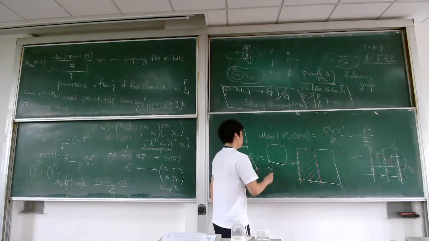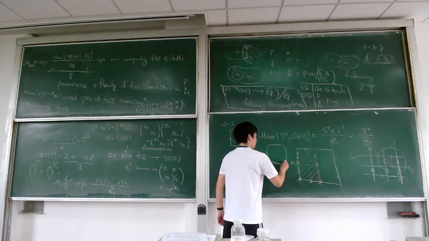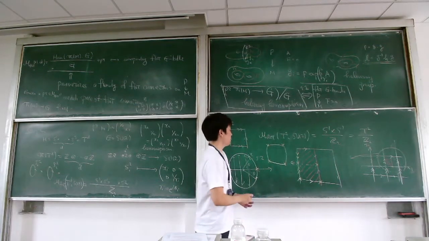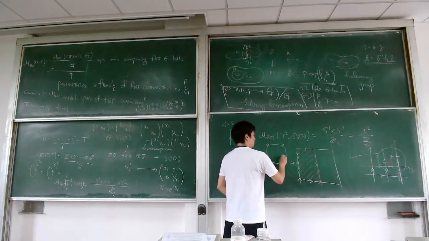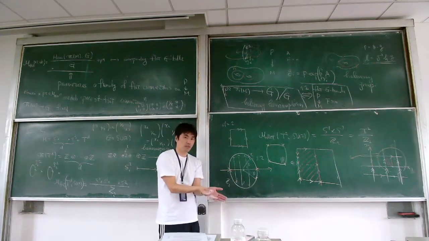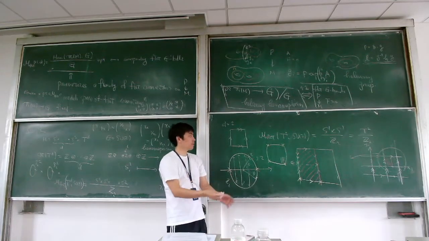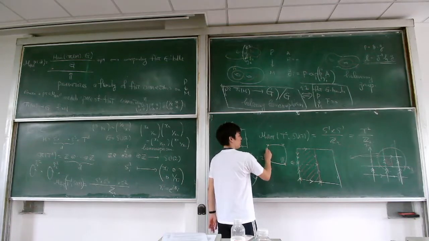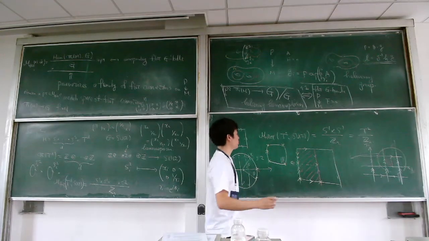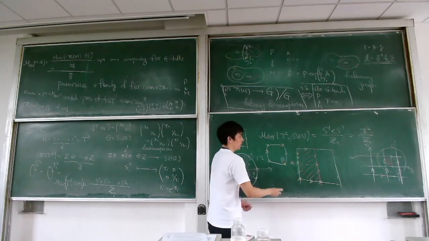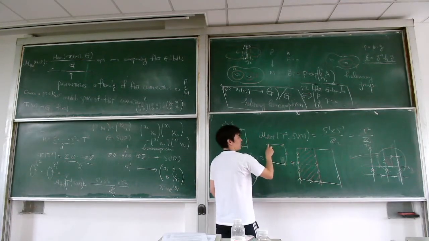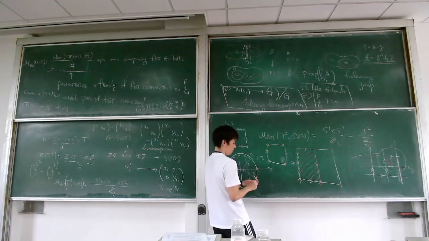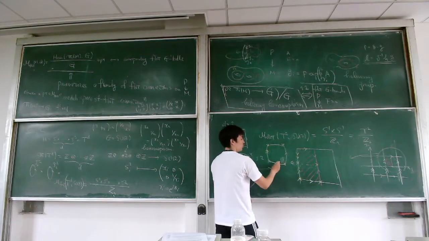Yellow. Let's use yellow. And then you have identified also. Namely, the yellow identification is here, and the purple identification here, and this cut is this part, and the top and bottom identification is this one.